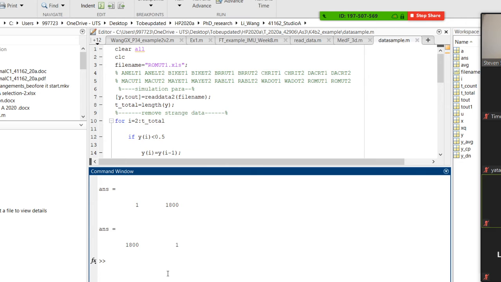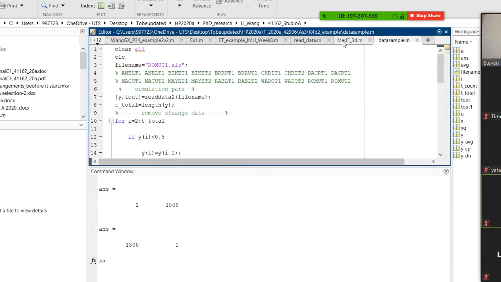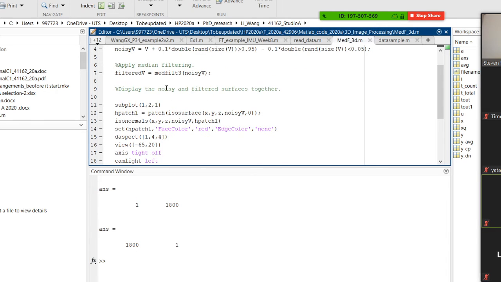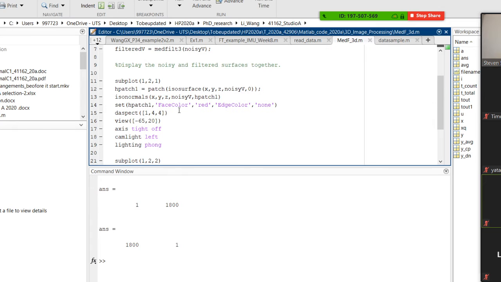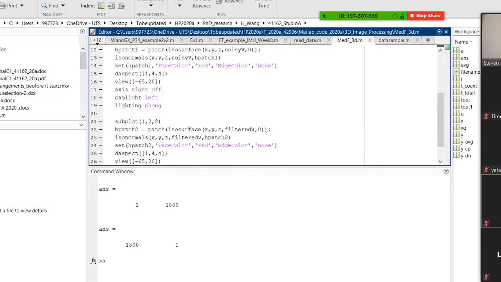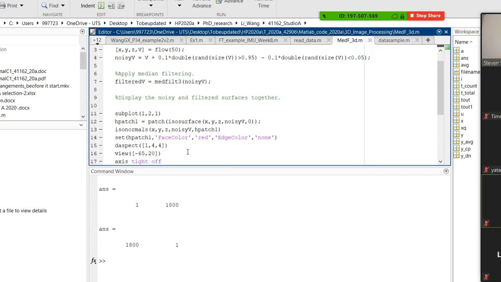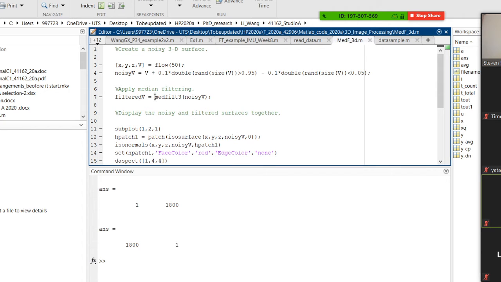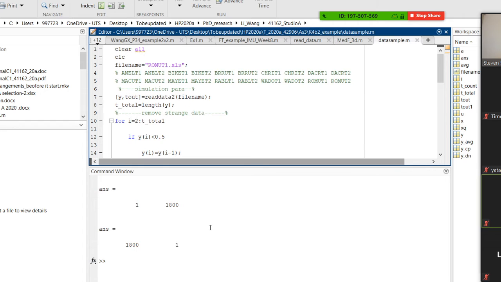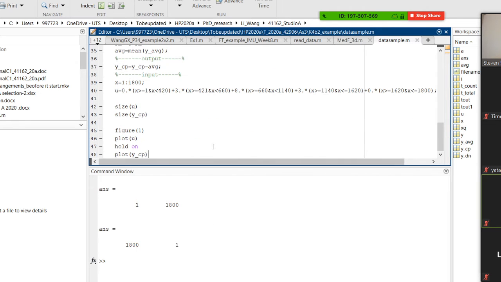If we call it here, this is the median filter. So median filter is here. We know that we have the output, right?